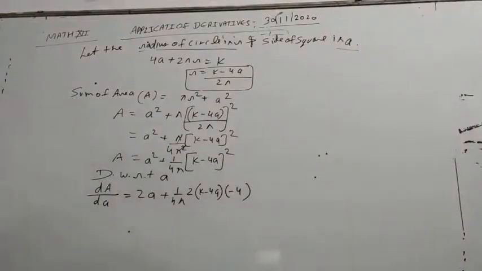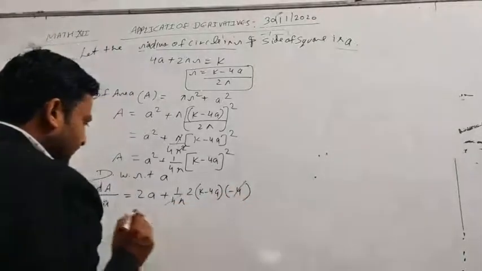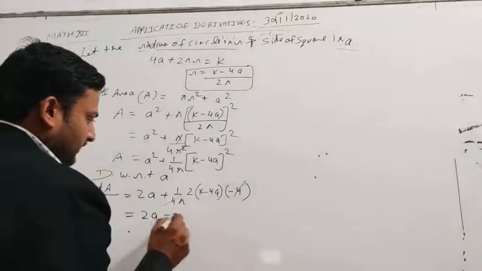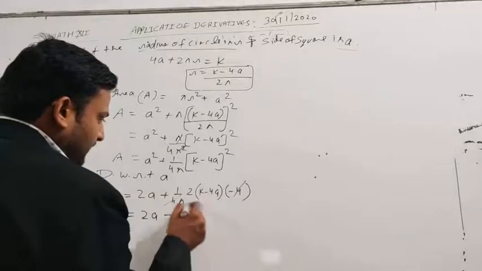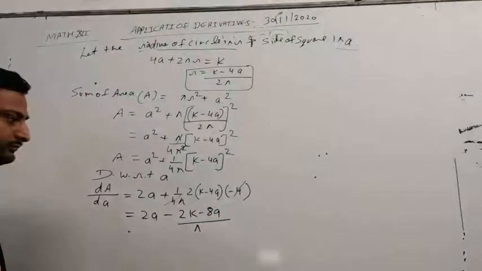After differentiating, we get this. Now we will cancel this, so the 4 and 4 will cancel, and here will be 2a minus 2(k minus 4a) by pi.